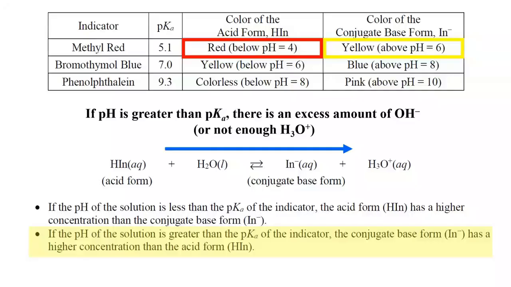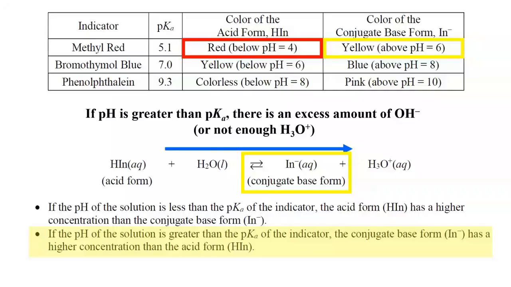So with an excess amount of hydroxide, or not enough hydronium, the hydroxide ions would react with the HIN molecules, favoring the formation of the IN-, or the conjugate base form. So if the pH is higher than 6, then you would expect a yellow color for methyl red.